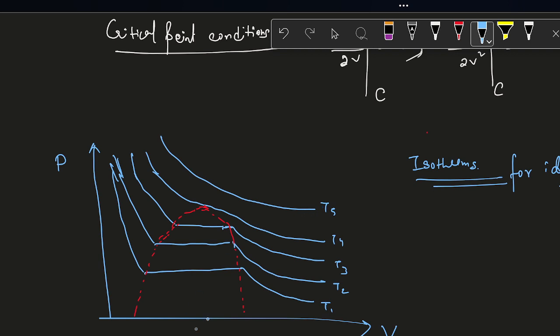This is ideal gas. And this total regime here that I have marked, and now I am marking it by a dashed line, has a special significance. To the left hand side this is your liquid phase, and on the right hand side this is your gaseous phase.